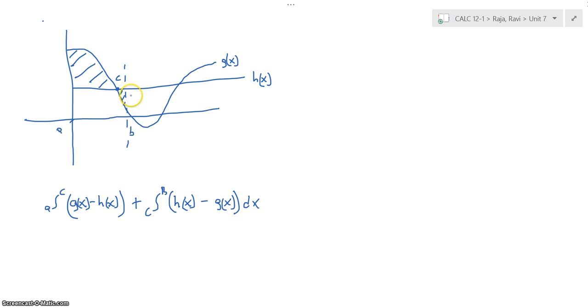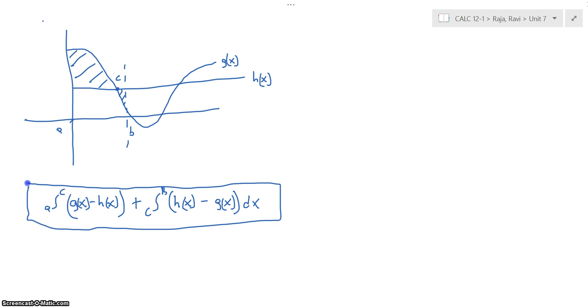This is because now the h of x graph is above and the g of x is below.